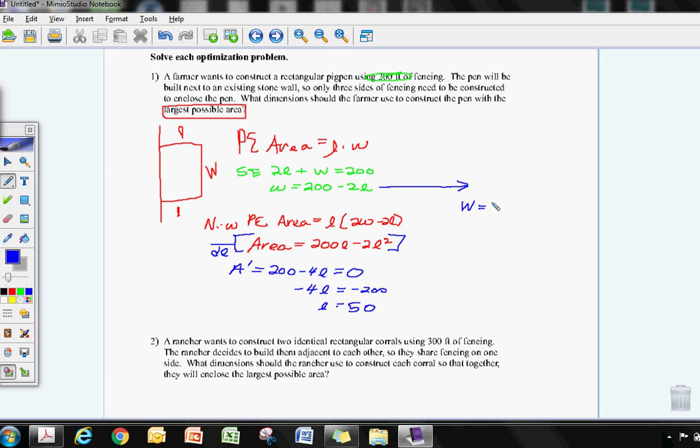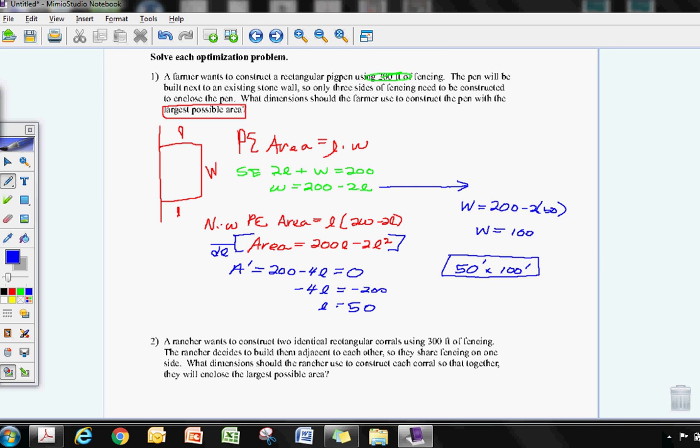My width would be 200 minus 2 times 50. And I believe my width is going to be 100. So my dimensions are 50 feet by 100 feet. That would be my final answer.